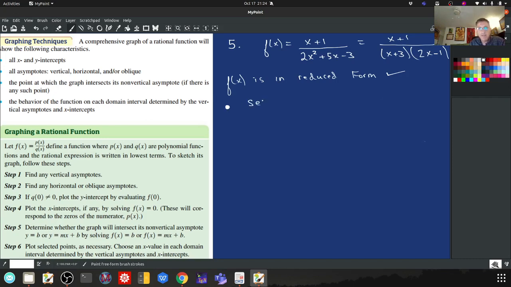Set the denominator equal to 0 to find the X-intercept.